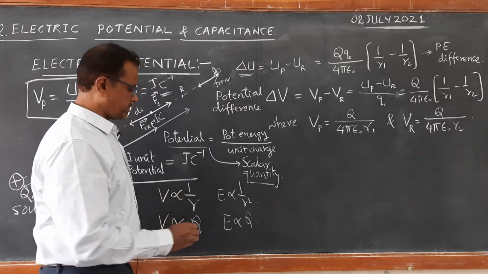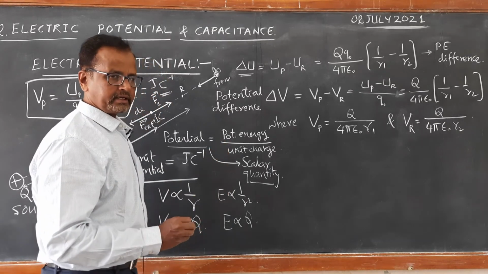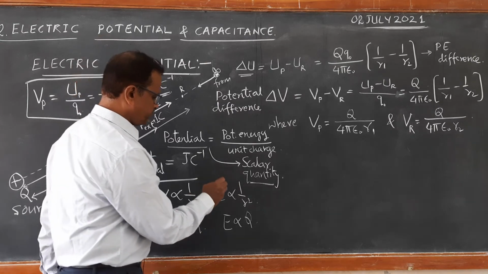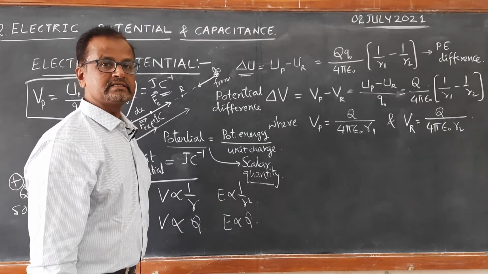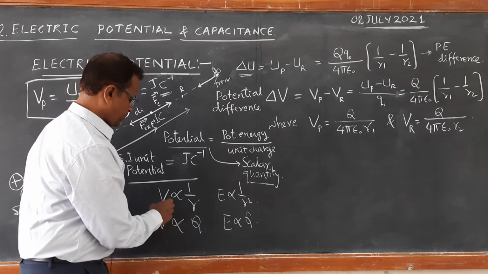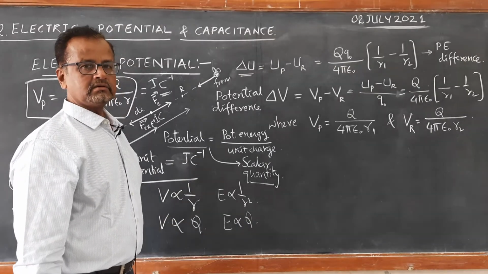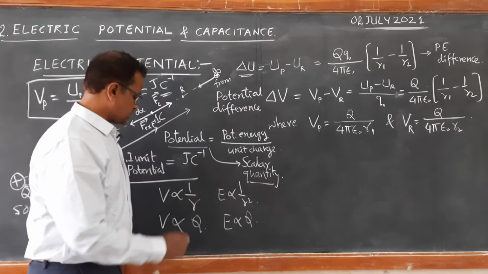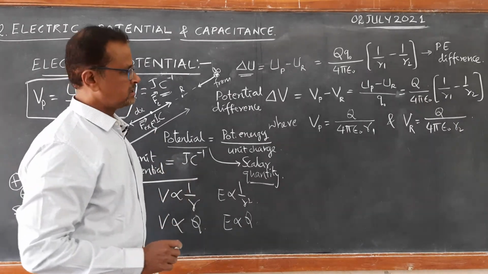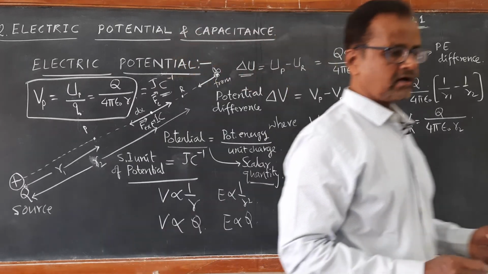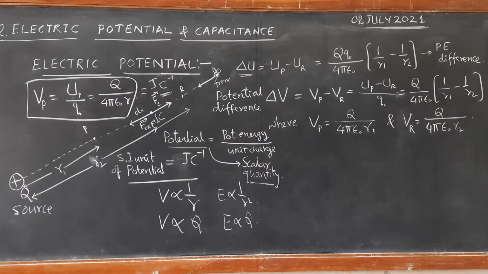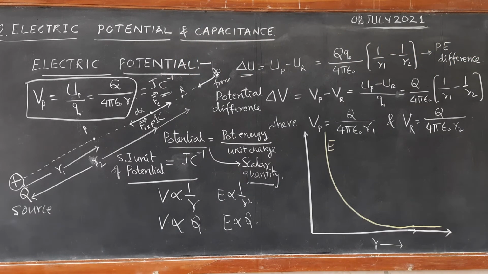Potential is a scalar quantity, field is a vector quantity. Field has an inverse square distance relation, whereas potential is inversely proportional to distance. So, how do we get the graph? Let us draw the graph and find the difference between field and potential.